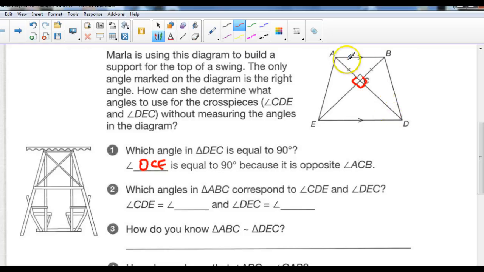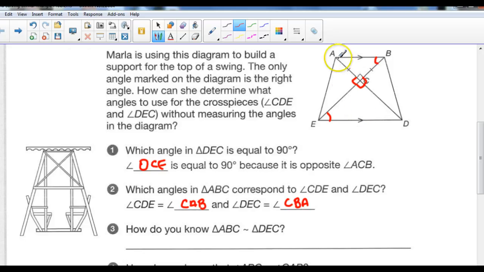This angle corresponds to that angle, so that's CAB. And DEC, this angle here, corresponds to CBA, that angle there, so that's CBA.